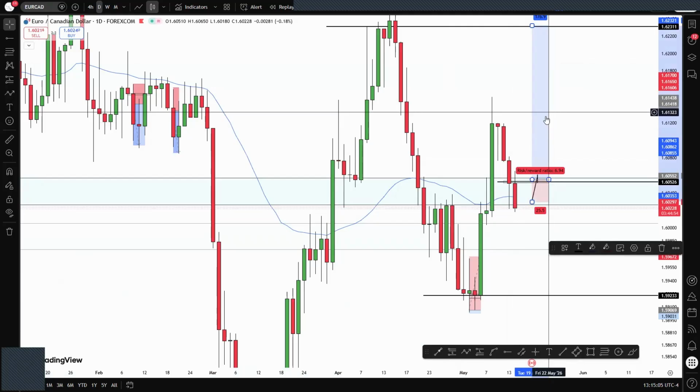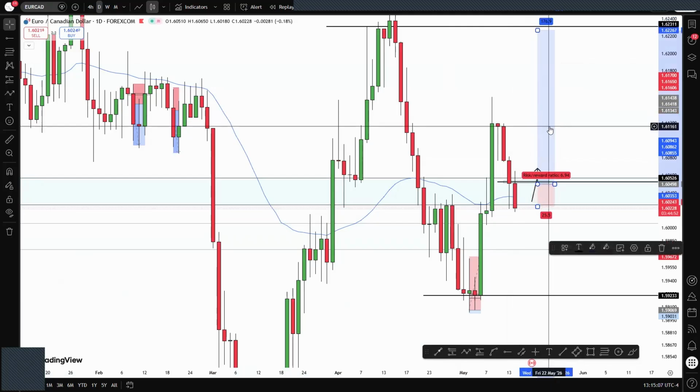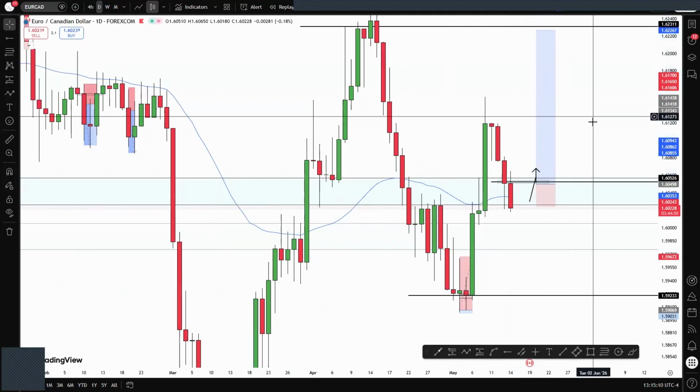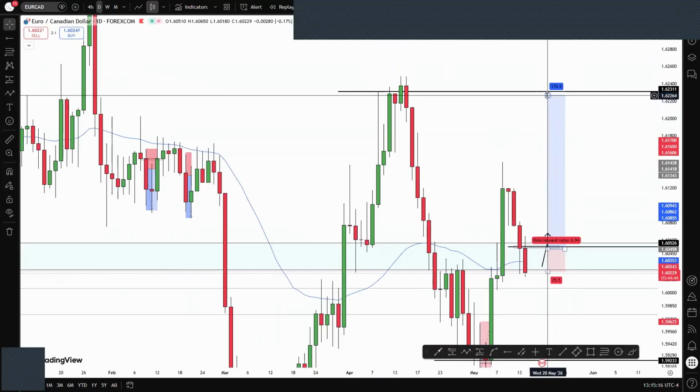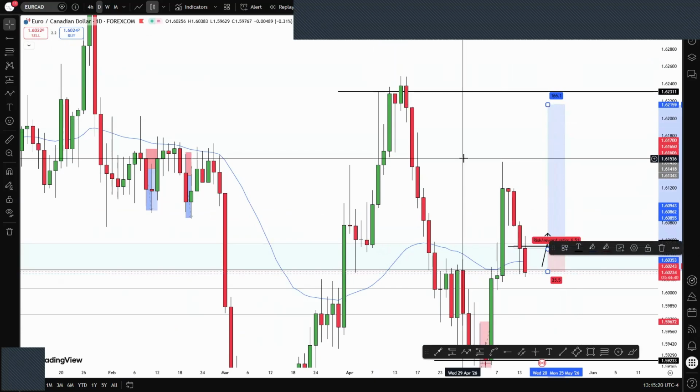Then I can easily buy this trade and enjoy the profits. And this is a 1 to 6.